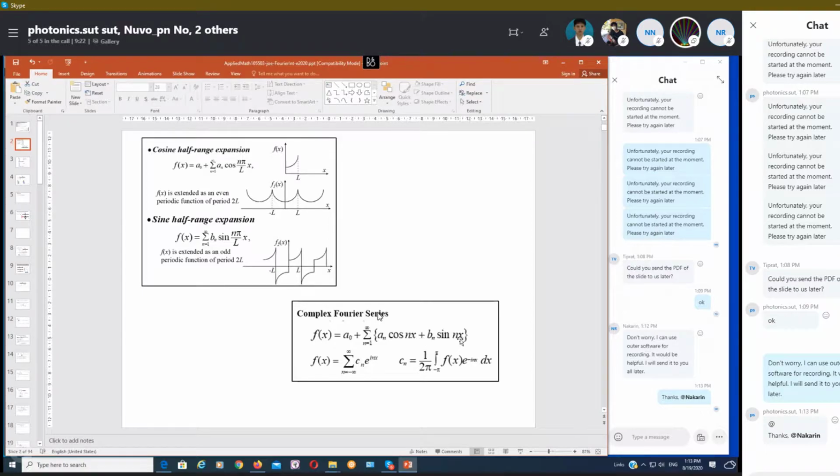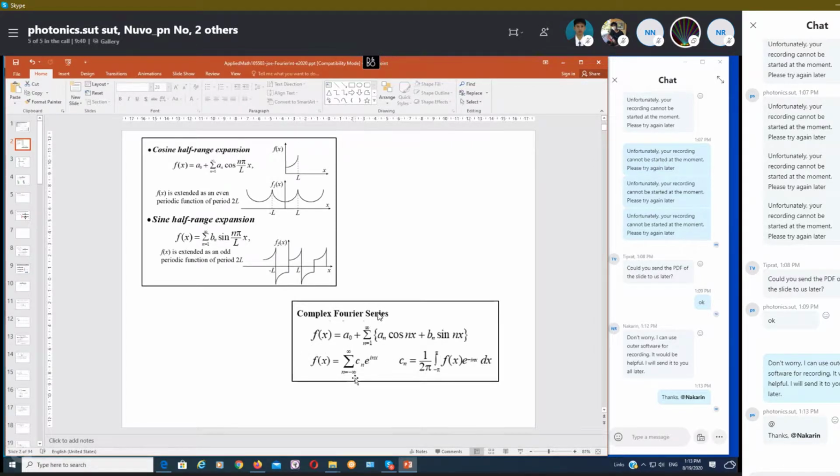And sine nx you also express as a combination of two exponential functions. Then after the derivation, we got like this.